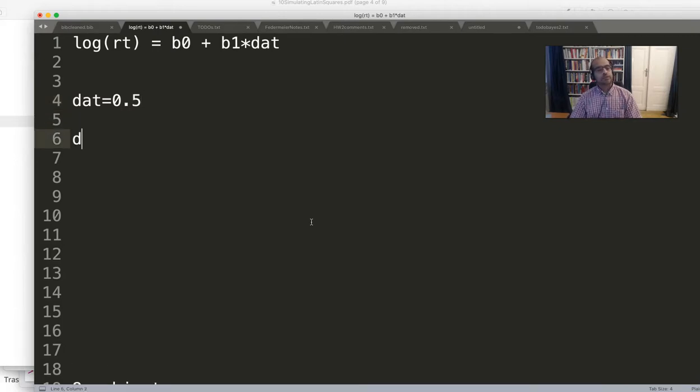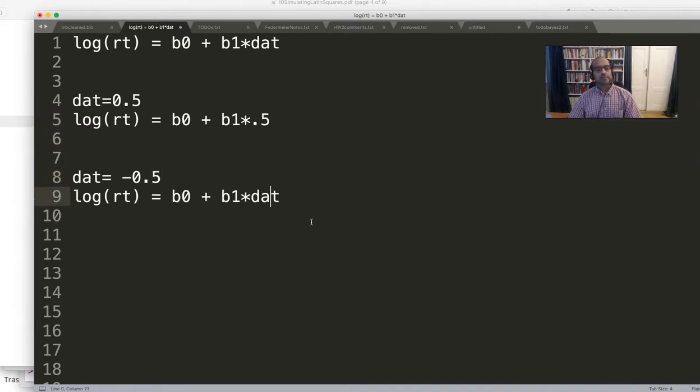And what's the mean reading time for dative coded as minus 0.5? How would I compute that? The way I would do that on the log scale is that I would replace this with 0.5, and here I would replace this with minus 0.5. That would give me the estimates on the log scale.